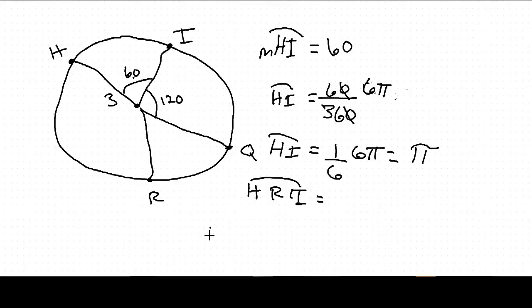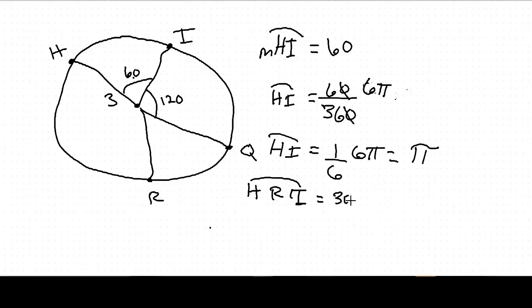How would you find out what QR is? Or arc? You don't need it. When you're walking that arc length, you walk through those points. So I'm going from here through that point back to there. So how many degrees would that be? 300. Right.